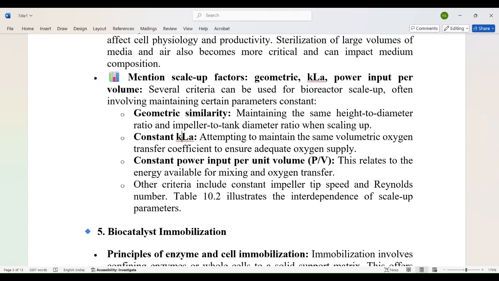So the rate at which this process is going on, that we name as oxygen transfer rate. And for oxygen uptake rate, for any aerobic process, each microbial cell requires the presence of oxygen to satisfy its metabolic needs.